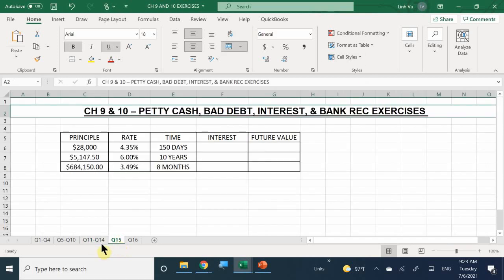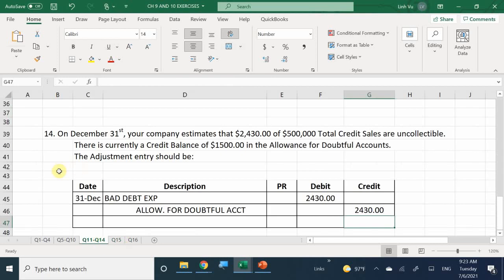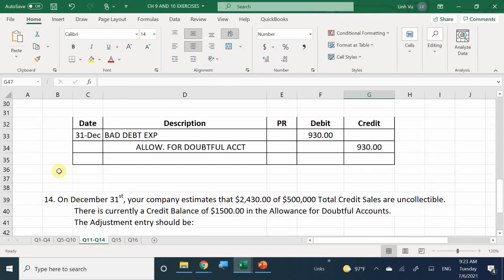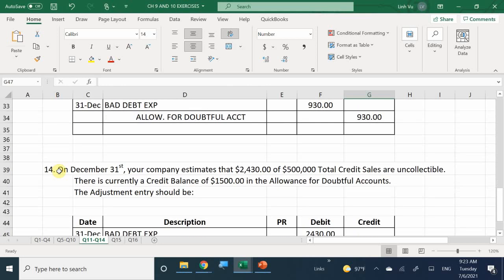Not a question, but I would like to share with my classmates a tip that I learned from your videos. Every time you see total credit, it refers to the income statement, and every time you see accounts receivable, it refers to the balance sheet. Yes, that is correct. So total credit means income statement, which means you're just going to use the company estimate.